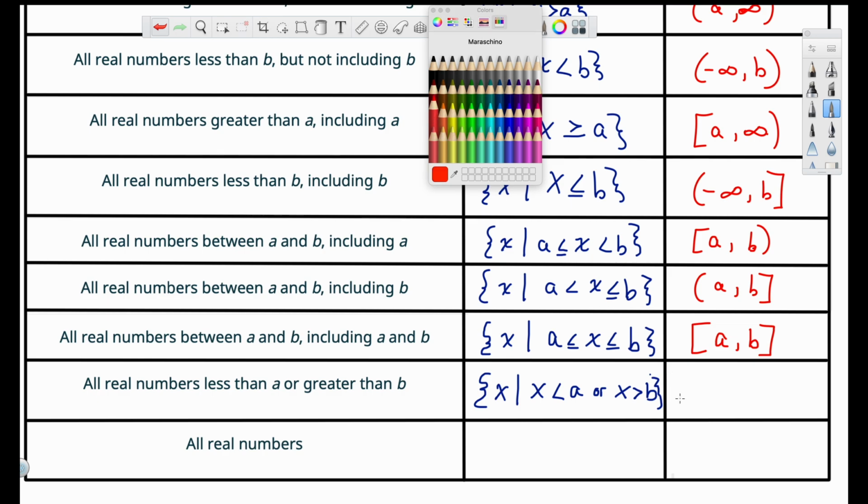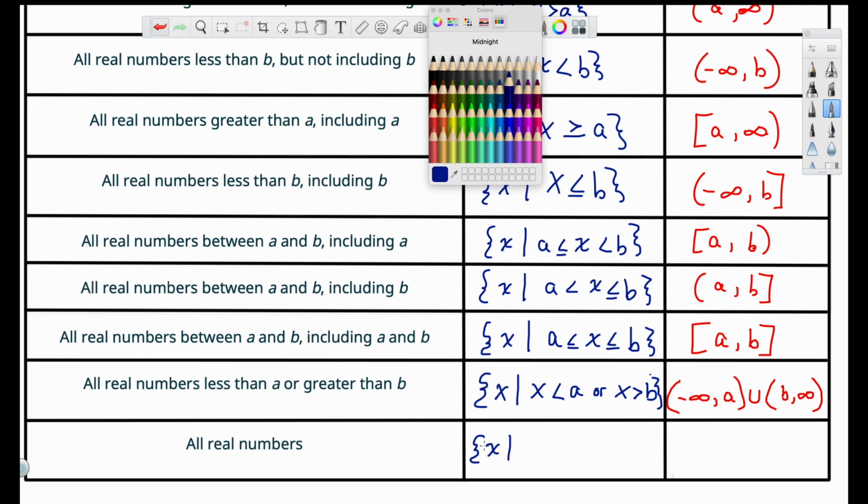Okay, so we need some space here because we've got to put two statements here. So it doesn't include a, so it's less than a, going to infinity, or we're going to use this union symbol, it's a U, and we're going from b to infinity. So it's negative infinity to a, or b to infinity. All real numbers.